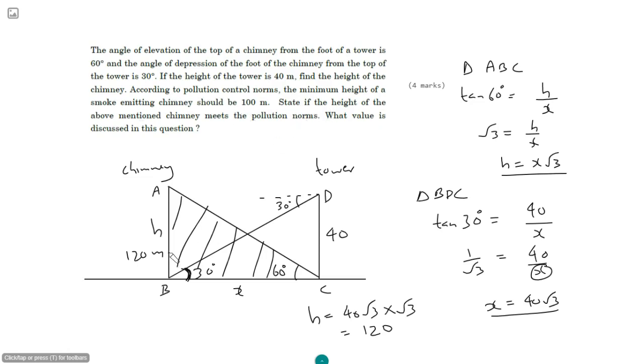So since our chimney is taller than 100 meters, it meets the pollution norms, right? And then you can write a sentence or two about the value discussed in the question. So it's about air pollution, obviously. So you can write 1 or 2 sentences about the relevance of air pollution and all that.